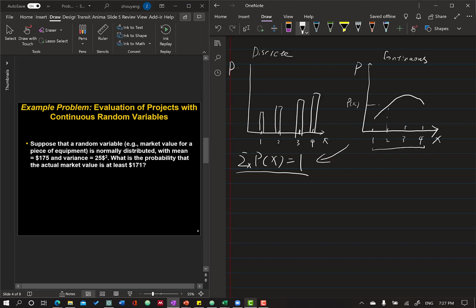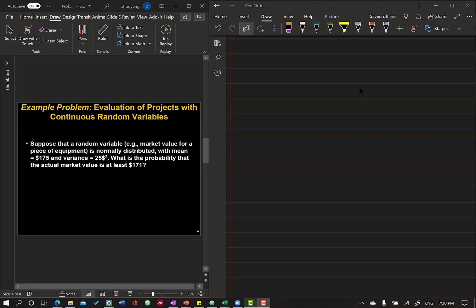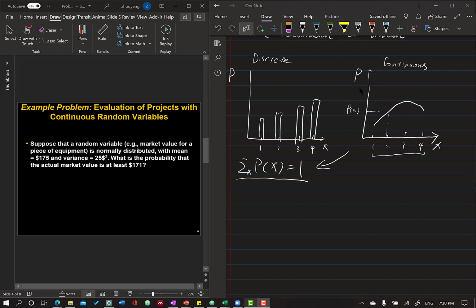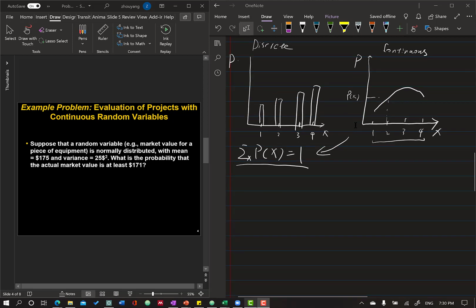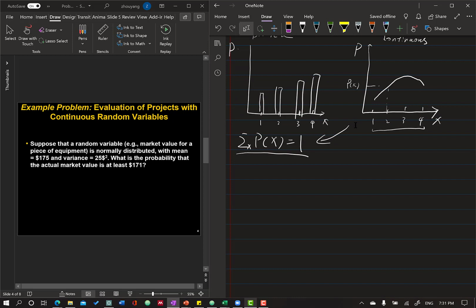We still have the restriction that all the probabilities sum up to 1. But that was a very superficial illustration of the difference between discrete and continuous random variables. If you want a more rigorous definition, you can search Wikipedia or look at a statistics textbook.